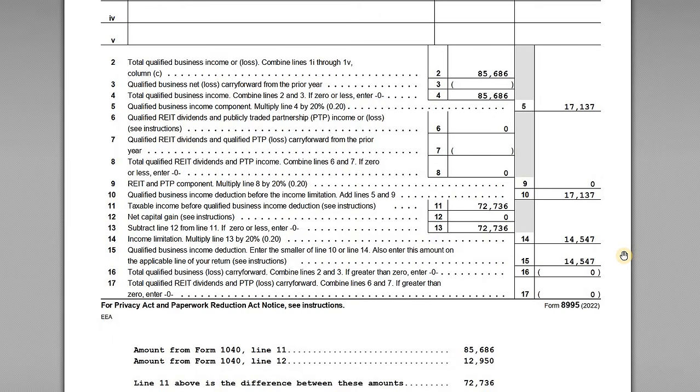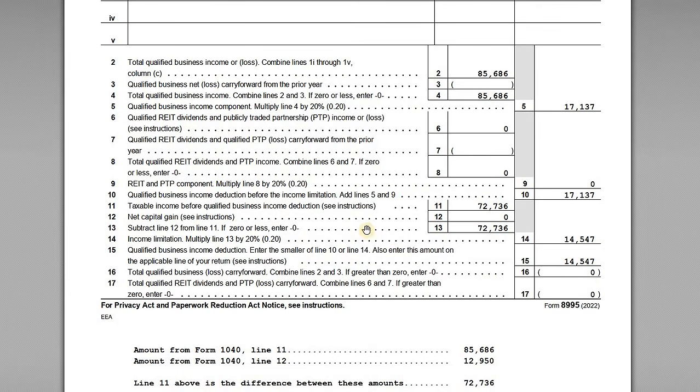But now, again, remember, John has to consider what kind of limitations will apply. Well, his taxable income before the QBI deduction is below that threshold where even though this is an SSTB, he doesn't have to worry about any phase-outs on that front. What he does have to worry about is the overall 20% limitation.